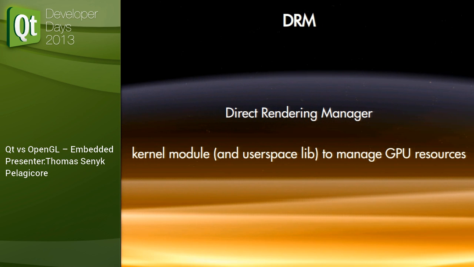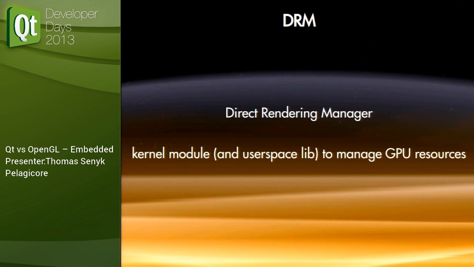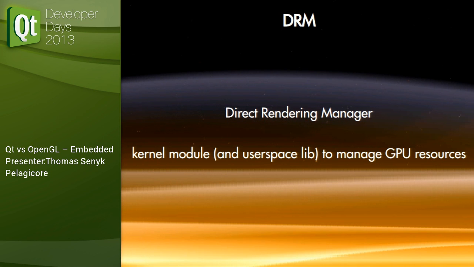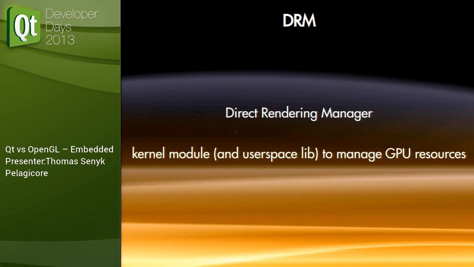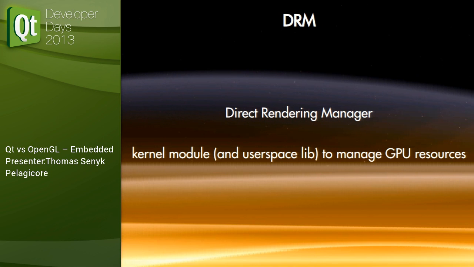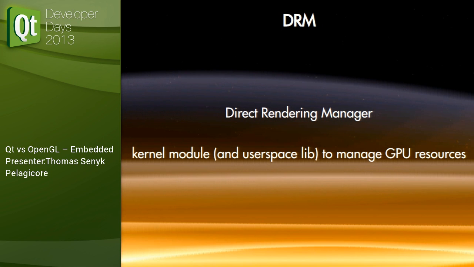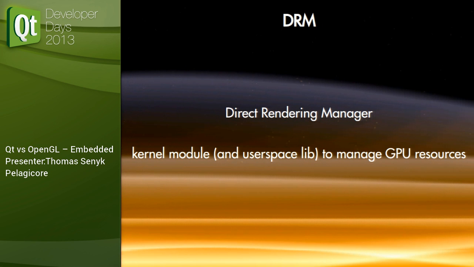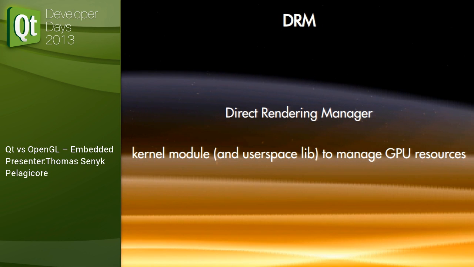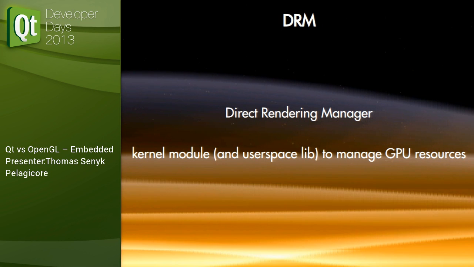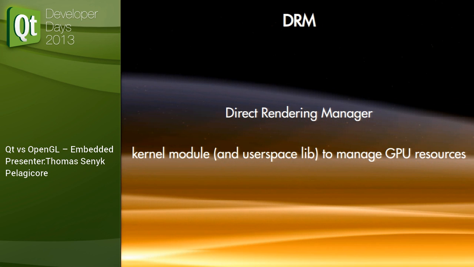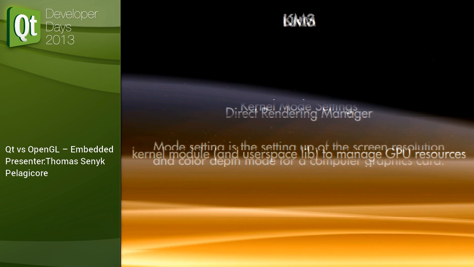There's a userland library to be used by the OpenGL library, and that's actually one aspect of having an interface between your graphics card and your OpenGL implementation, the stuff we've talked about before. DRM is one aspect. It's not the complete picture, but it's at least one aspect which is actually standardized. It gets picked up too little. It should be picked up by more vendors. I hope that will be better in the future.